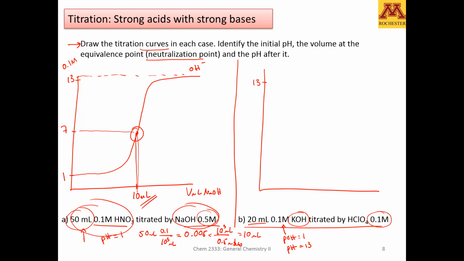Therefore, if I have 20 milliliters of 0.1 molar potassium hydroxide, I need to add 20 milliliters to neutralize completely the base. So at 20 milliliters I have reached the equivalence point. Okay? So expect something like this, and this will tend to pure 0.1 molar perchloric acid, which should be around 1.